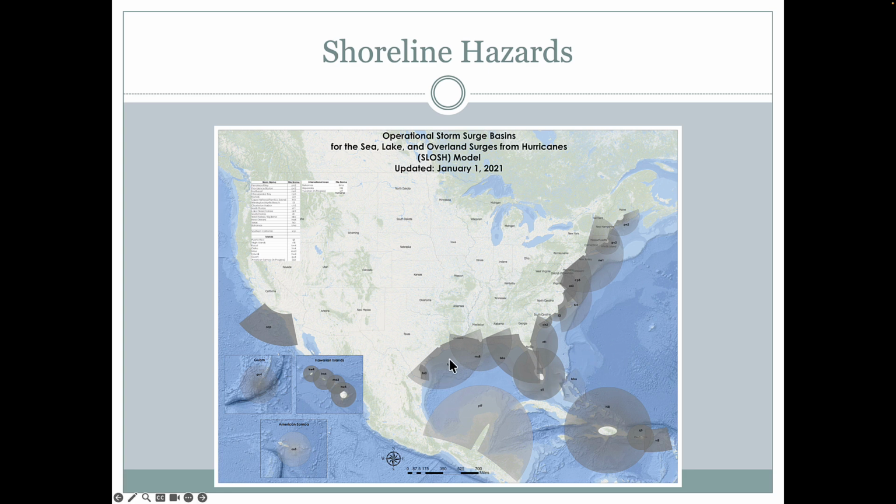This just shows how extensive the risk of hurricanes is throughout the Gulf and then the Atlantic coast. And of course, there is so much expensive property in these areas and so many people living in these areas that a lot of people are being put at risk because of this flooding hazard associated with hurricanes.